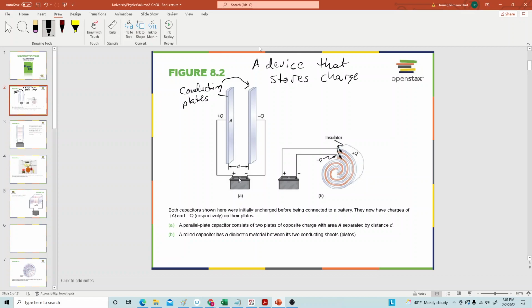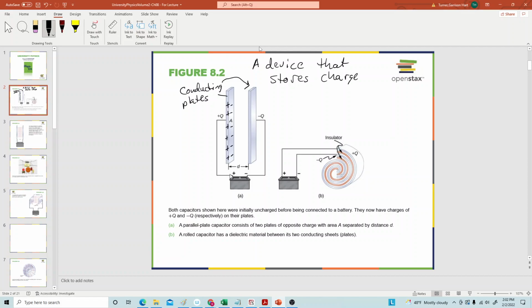So what happens is, this is a simplified picture. But what happens is when you connect the positive terminal to a conducting plate that's initially neutral, for every positive charge on the plate, there's a negative charge on the plate.